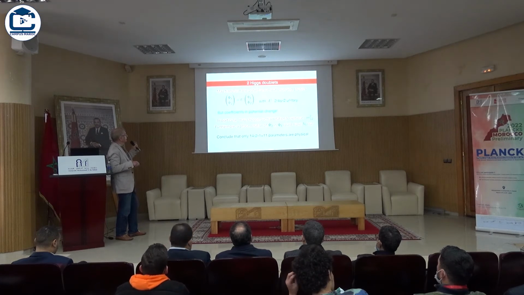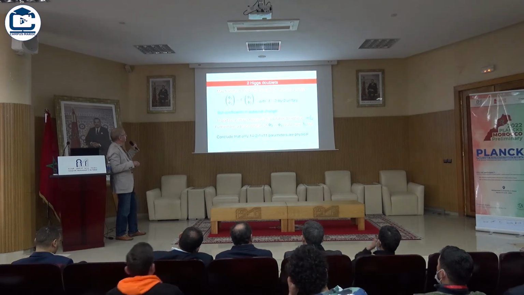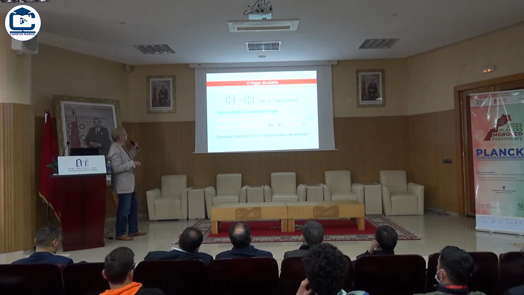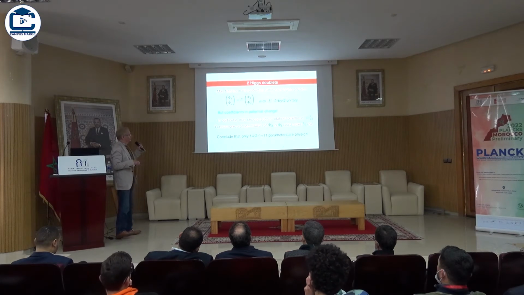And in particular, when we choose such a rotation to remove this m12 squared term, in addition, one may choose a phase rotation on one of them with respect to the other to make lambda 5 real. So in the end, there are only 11 independent physical parameters.